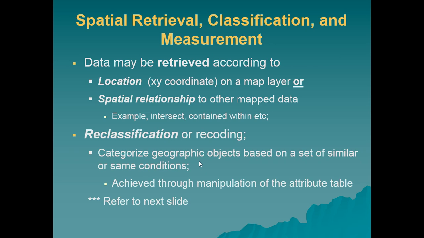Maybe I don't need all that fine detail. Maybe I can categorize the soil types under broad categories. This type of operation or step is often carried out within the attribute table, and once it's completed within the attribute table, it would be reflected on the map.